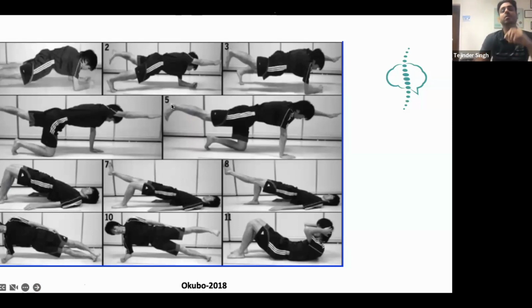I think multifidus is one of those muscles where, when we are selectively targeting deep fibers, we just need to work on activation rather than loading, because it has been seen that if you compress the spine too much, then the multifidus activation becomes poor. That's why all the positions you're seeing are positions where the spine is not compressed.